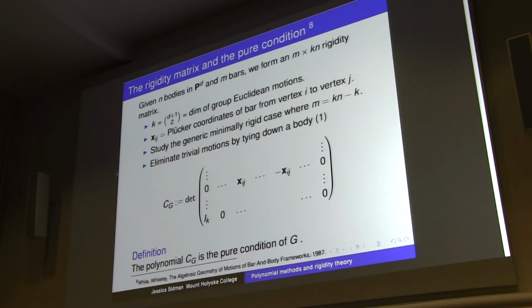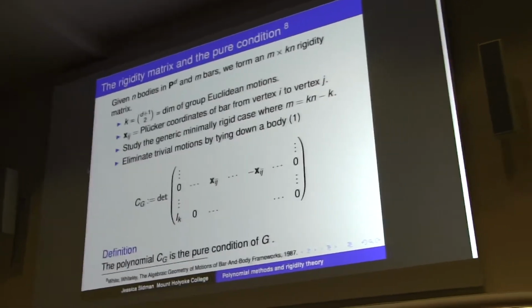And I told you I can't eliminate the trivial motions of my framework by just adding bars. But you might say, well, you can eliminate the trivial motions algebraically. Here's what you can do. Just think about tying down, holding fast one of these bodies, eliminating the motions of this body.